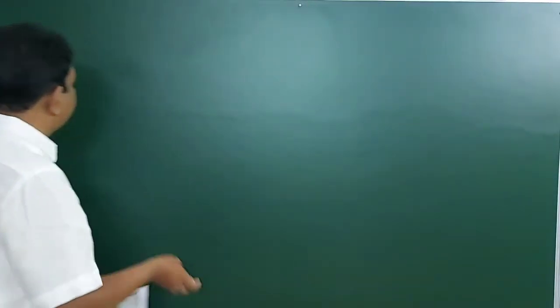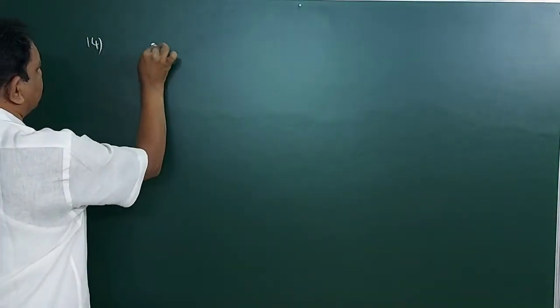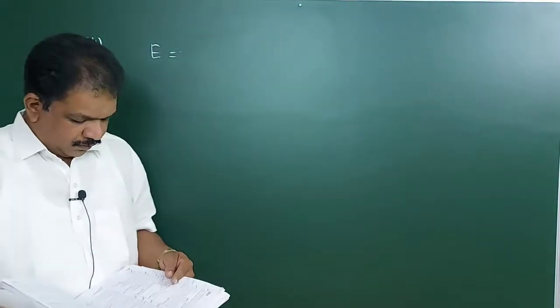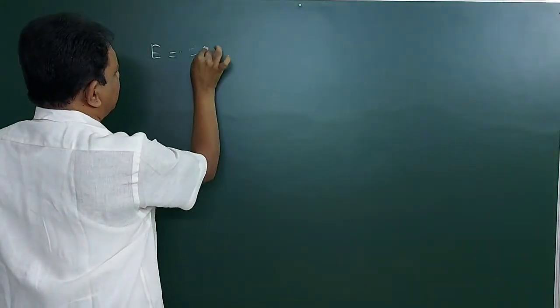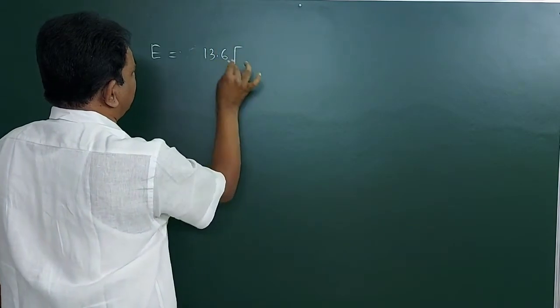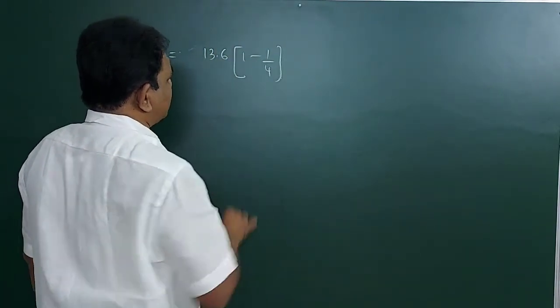Problem number 14 we will discuss. What is the question? What is the wavelength of the light for the least energetic photon emitted in the Lyman series of the hydrogen spectrum? So they are asking the minimum energy, that is the maximum wavelength. So E is equal to 13.6 into 1 minus 1 by 4.